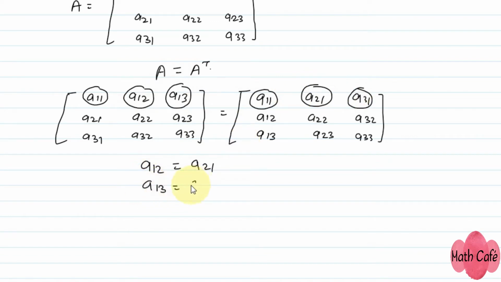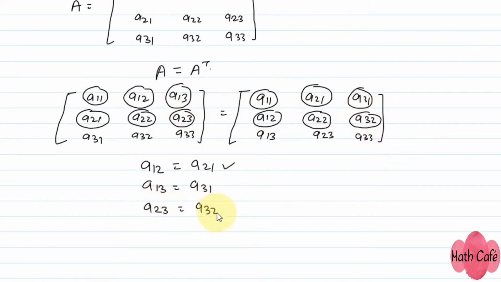A22 is equal to A22, and A23 will be equal to A32. A33 is equal to A33, which is already equal.